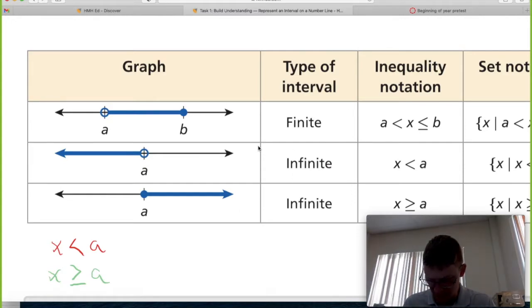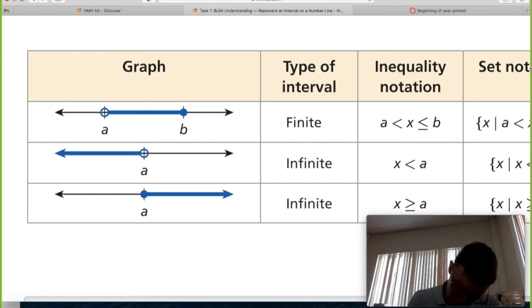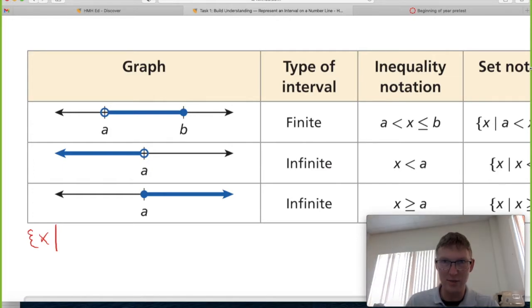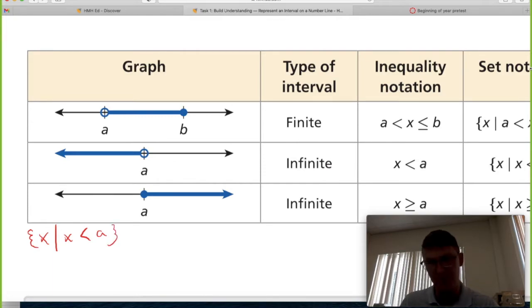If we're going to be formal about it and write it in set notation, it's going to look very similar to our inequality notation, except we're going to be all formal about it. We're dealing in a set, and we have x such that, that's that straight line, that means such that, x is less than A, close bracket.